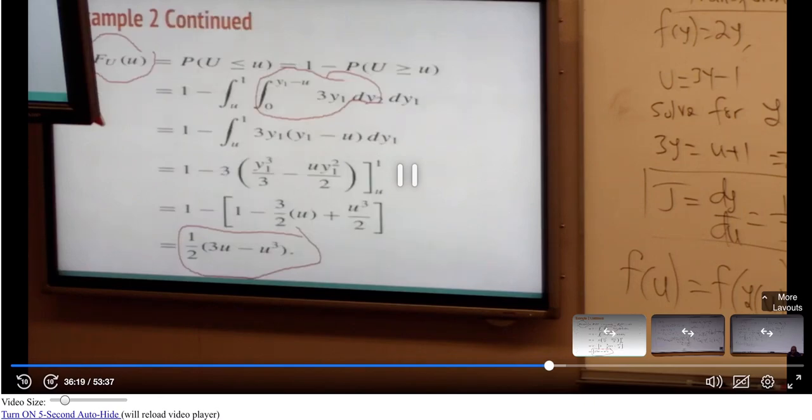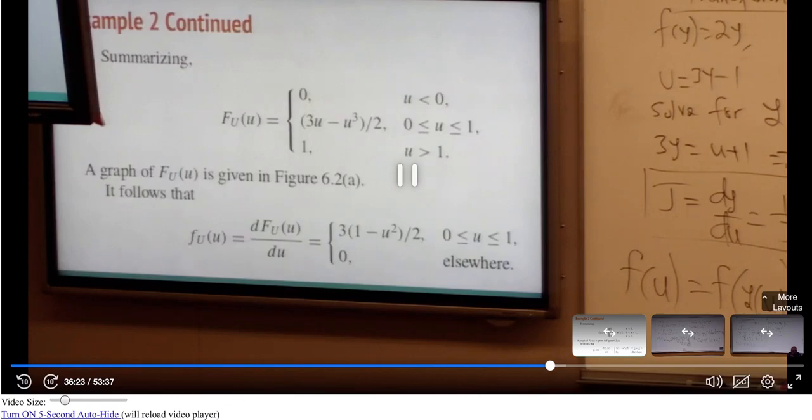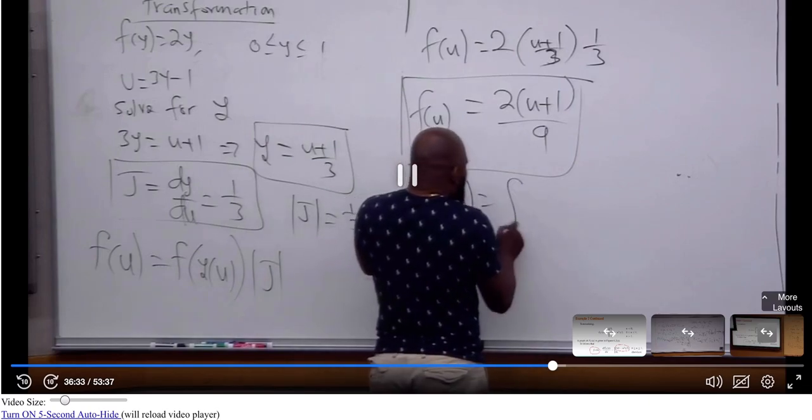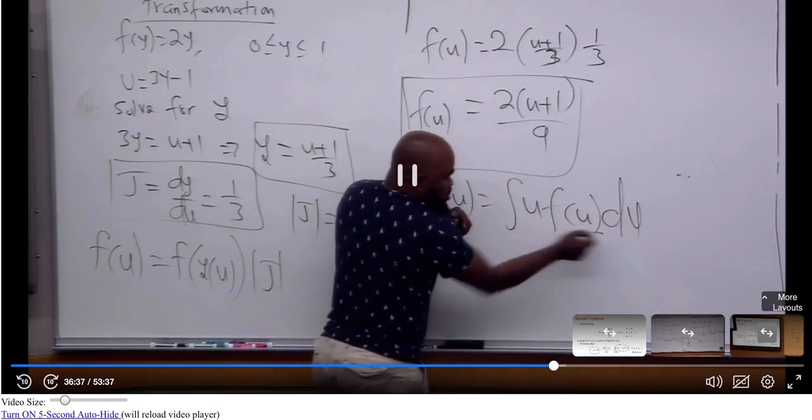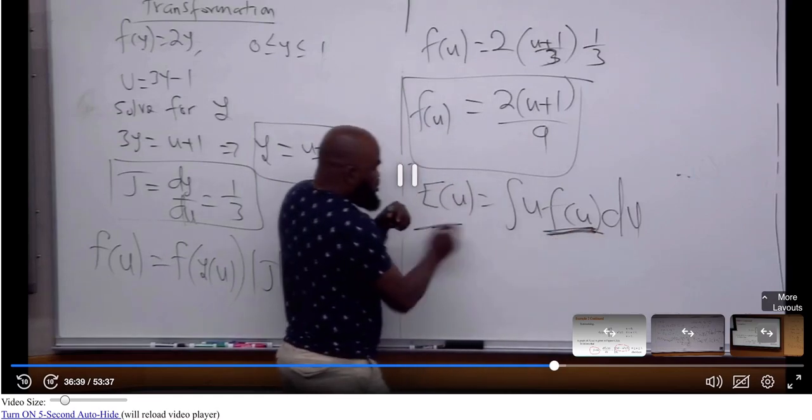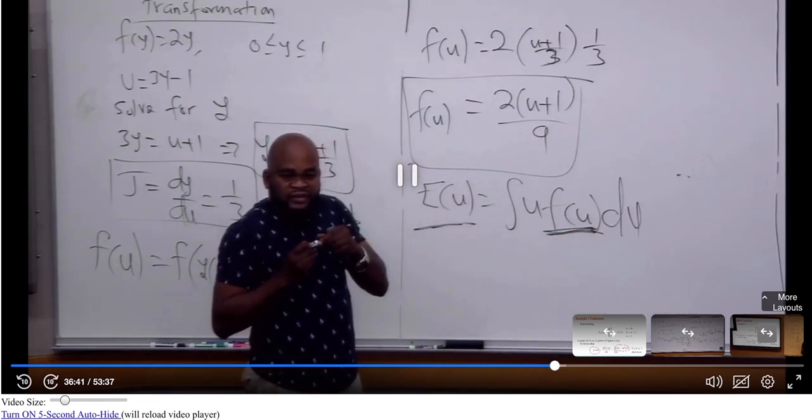Now, the moment you get this guy, then you can find the expected value of U. Expected value of U is the integral of u times f of u du. But the moment this is wrong, this is going to be wrong.